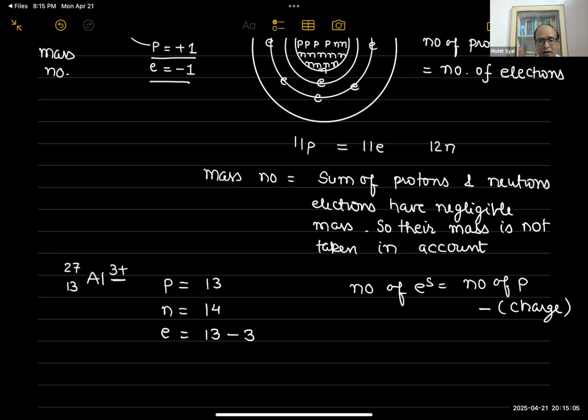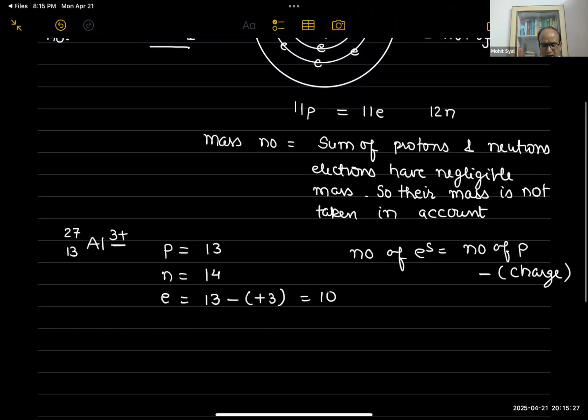Charge you need to write with a sign. Is it clear? This is the formula. So plus 3 is there, 13 minus 3 comes down to 10. It means the protons are 3 more than the electrons. Got it?